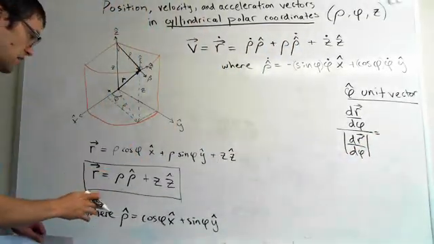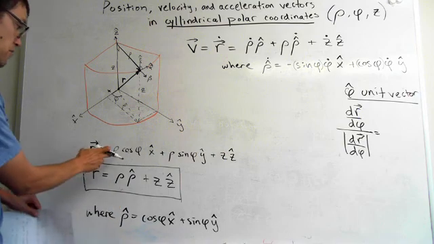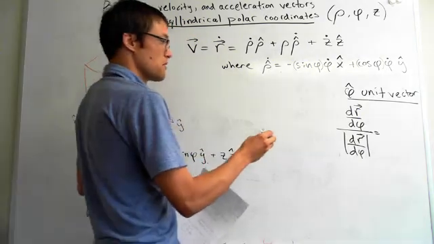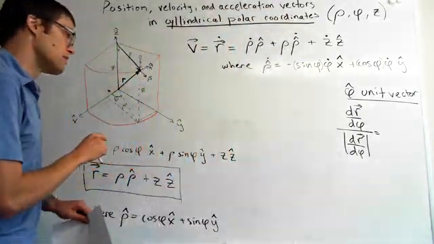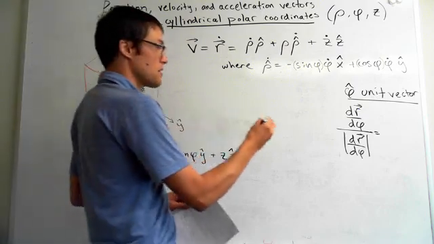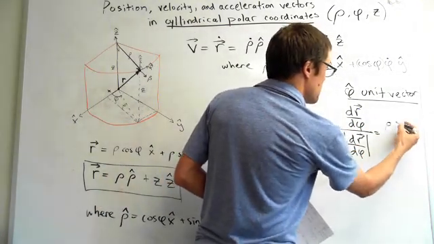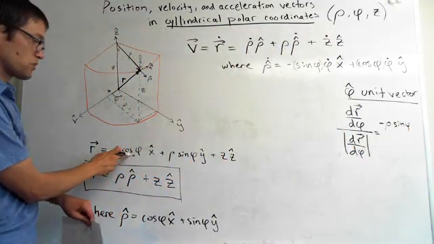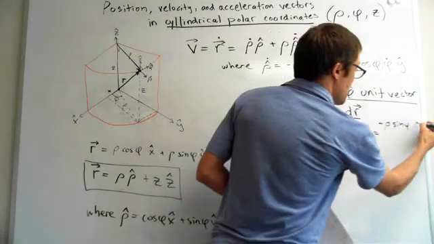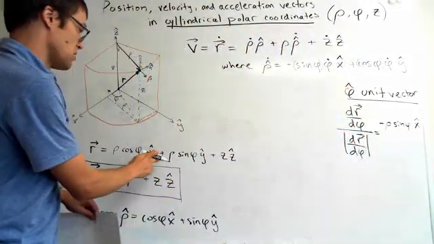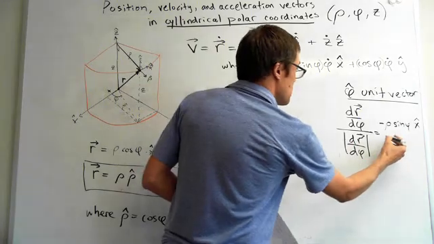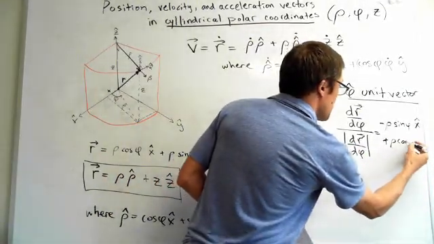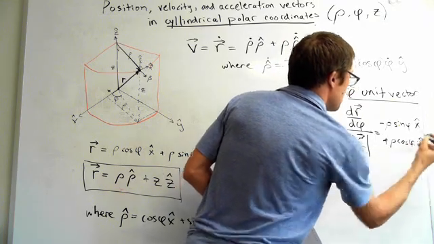Okay, so remember, we'll take this version of r and take its derivative with respect to phi. So let's get the numerator. The numerator there is going to be equal to minus rho sine phi, that's the derivative of this with respect to phi, in the x hat direction, plus we've got a rho cos phi in the y hat direction.